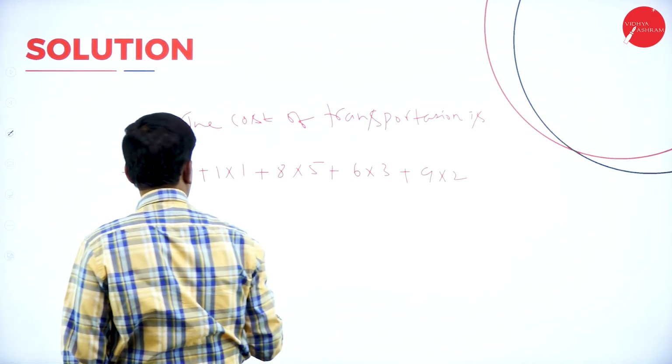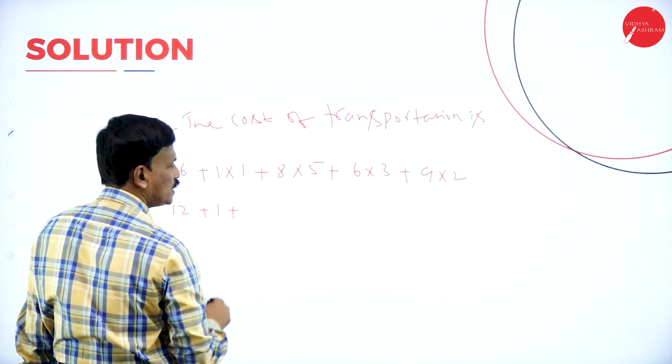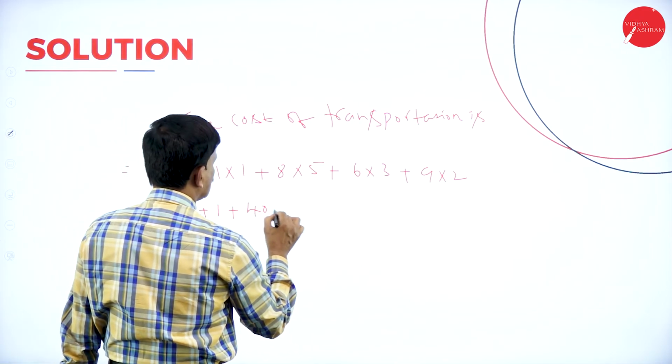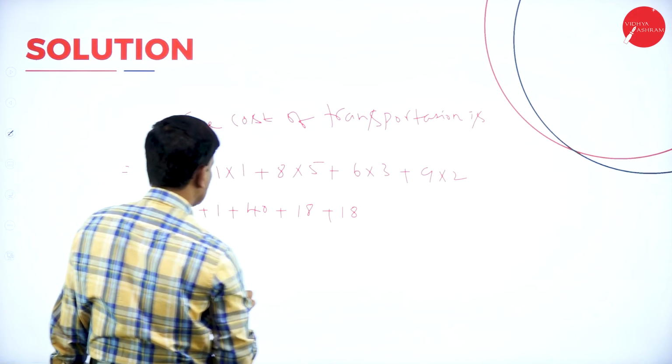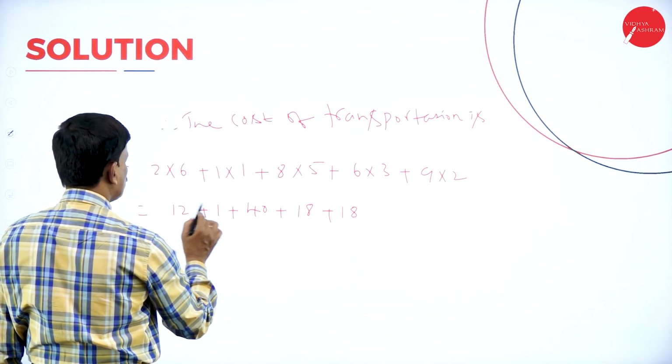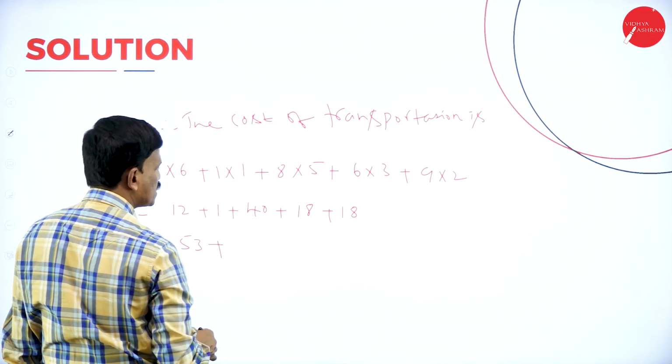This is the cost of the transportation. 6 2s are 12, plus 1, 8 into 5 is 40, plus 6 3s are 18, plus 9 into 2 is 18. Add this. So this is 40 plus 12 is 52, plus 1 is 53, plus 18 plus 18.